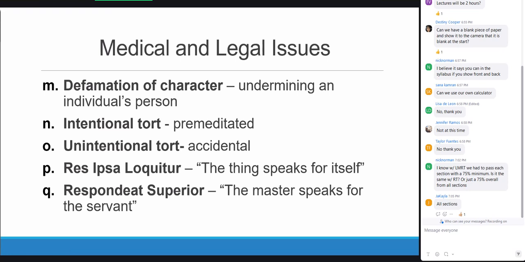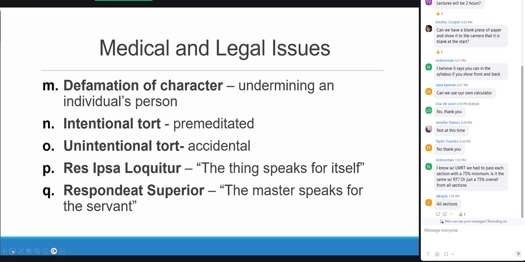Intentional torts are premeditated; thought went into it before it was performed. Unintentional torts are accidental. They're typically the result of other actions that were not meant to cause harm. With legal doctrines that come into play during negligent tort cases, there is res ipsa loquitur, the thing speaks for itself.